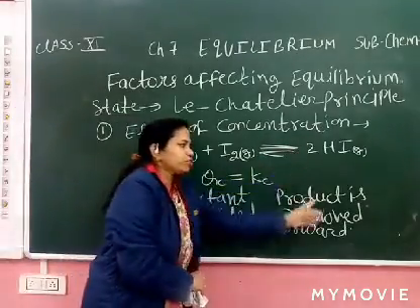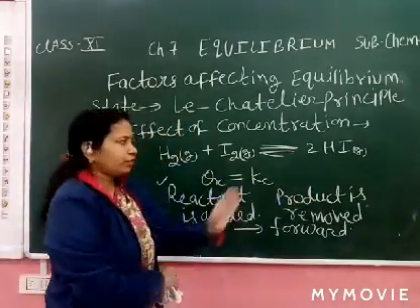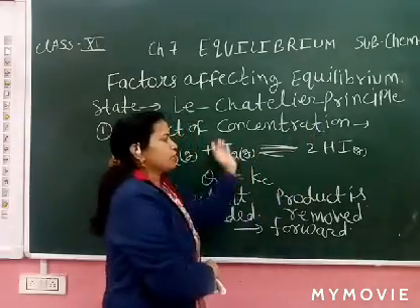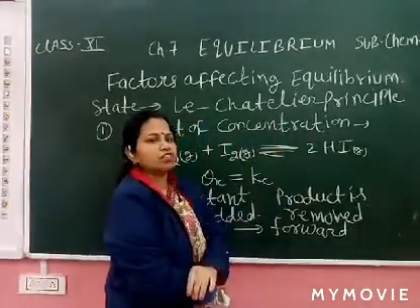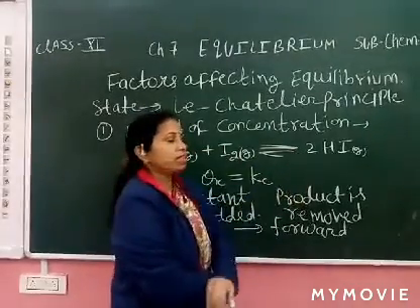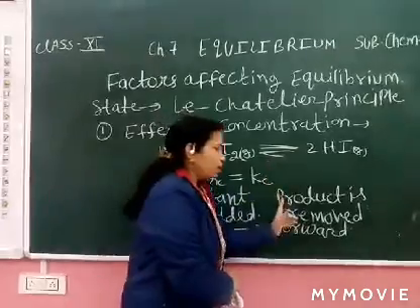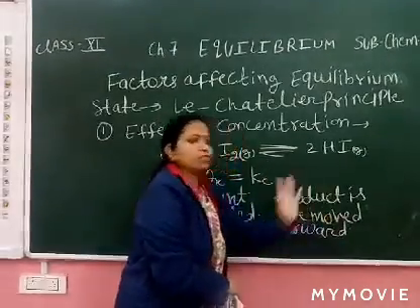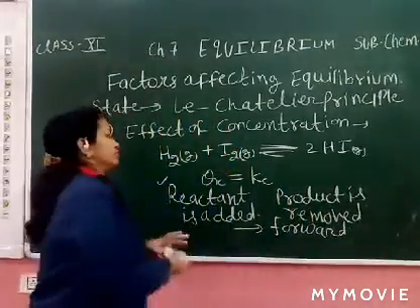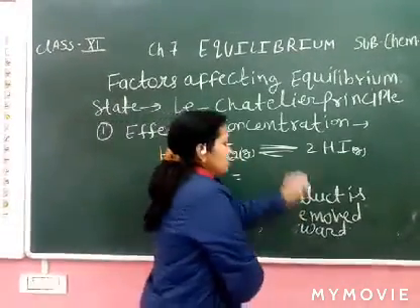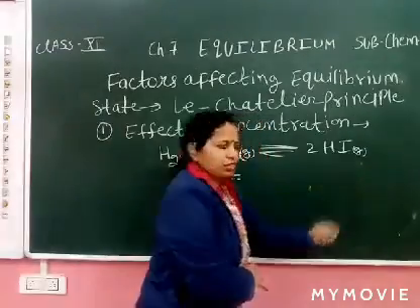If product is removed, when we remove the HI, then H2 plus I2 completely consume and form 2HI. There is no HI, so it can't decompose again. So when product is removed, this also explains the forward direction. Now let's see the second step, where Qc is greater than Kc.